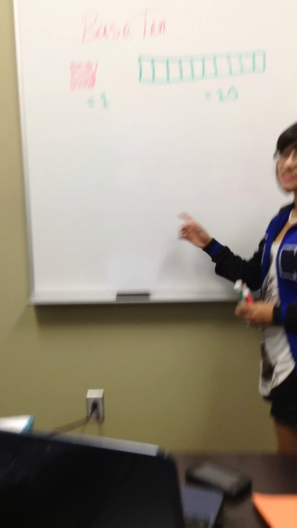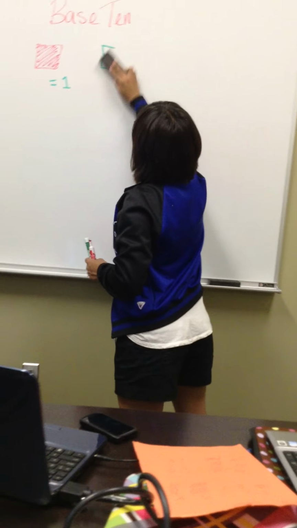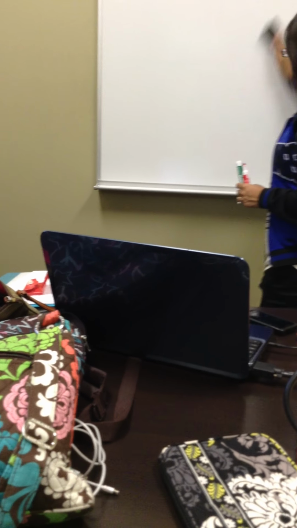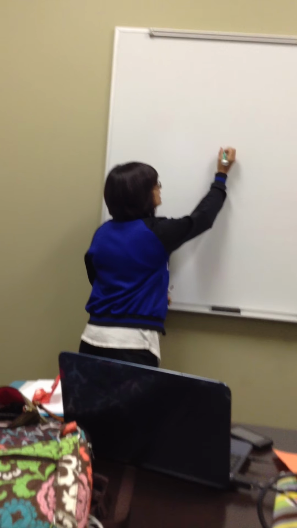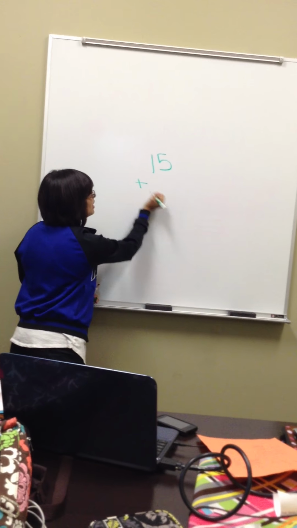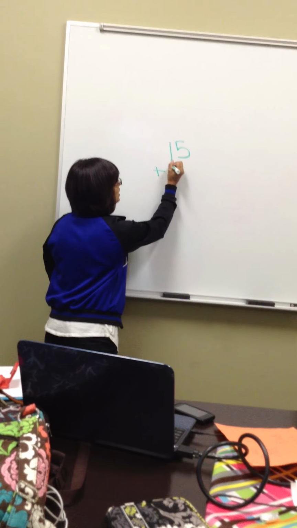Okay, so we've learned about the base 10 blocks. So now we can use numbers to add or combine. So we can use the number 15 and add it to, want to pick a number? 20. Okay, let's do 20.